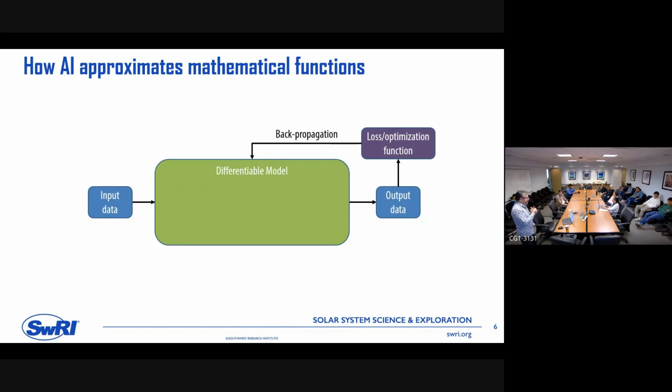And the other is that it has to be built with operations that are differentiable. As long as those two things are true, then the approximation is possible. Now, the quality of the approximation depends on many things. It depends on whether there is a true relationship between your inputs and outputs. It depends on the capability of your model to approximate, so the complexity and versatility of this model.